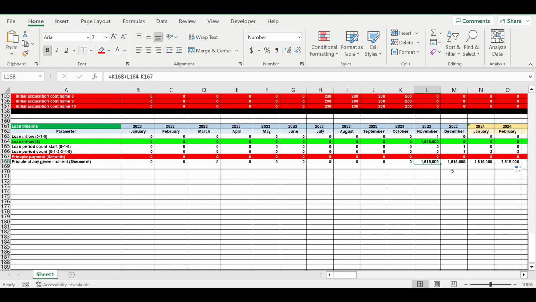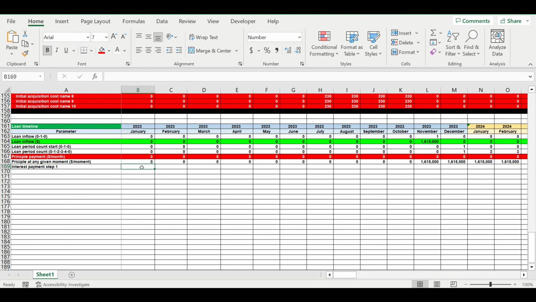And now we need to calculate the amount of interest paid. So now we know the amount of loan, then interest, step 1.